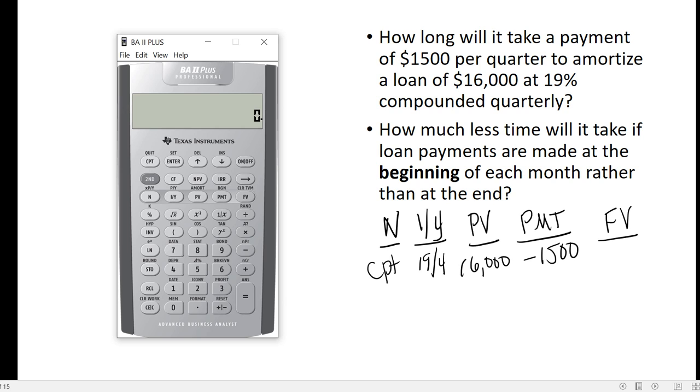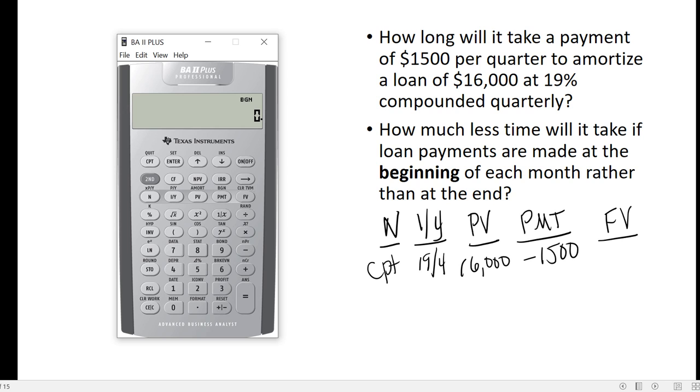So we have to change our calculations to calculate for the interest to be accrued at the beginning of the period. So second and payment, then we do second, enter, which changes it to BGN, and second, compute, which quits. So now you see you have the BGN at the top. Want to make sure you have that for an annuity due, but then we want to also make sure we take it off after we're finished.